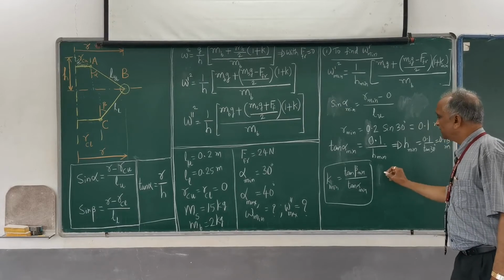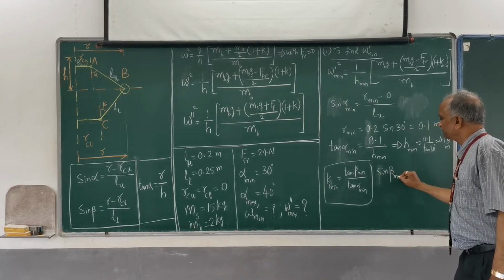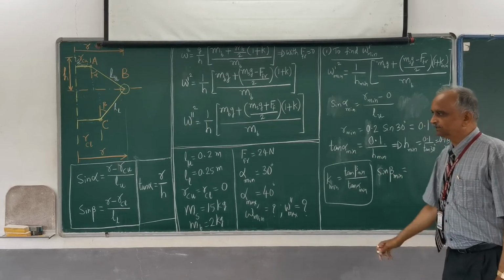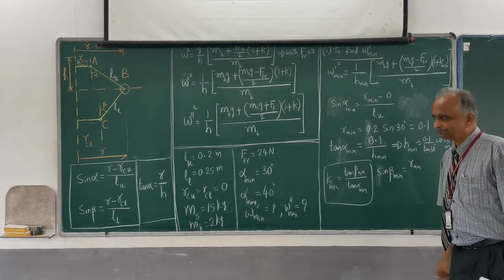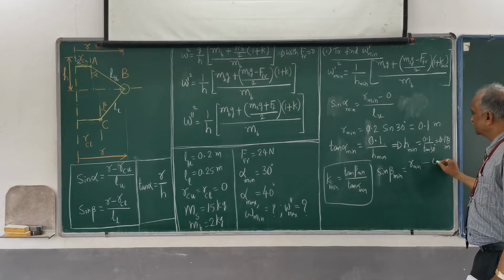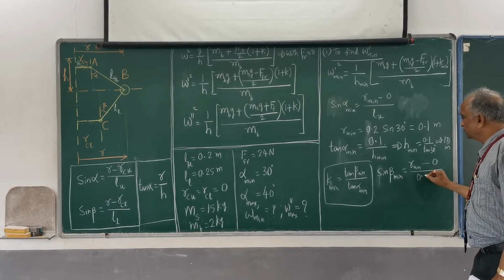For that I make use of the expression sin beta minimum. Sin beta minimum is equal to R minimum, that is 0.1, minus R here, that is 0, divided by the lower L, that is equal to 0.25.